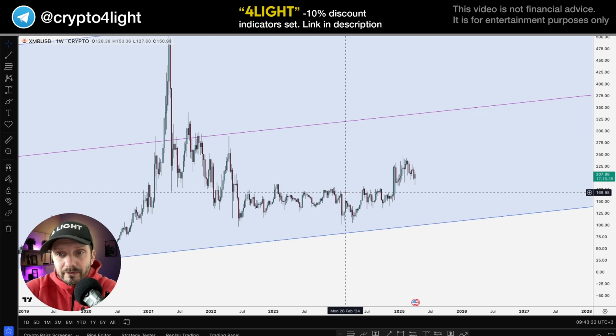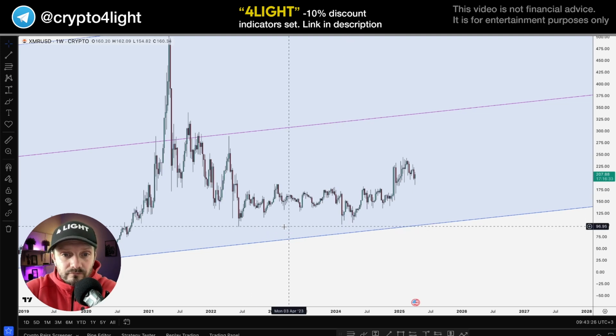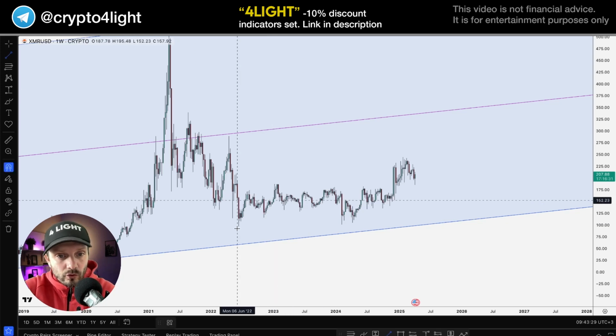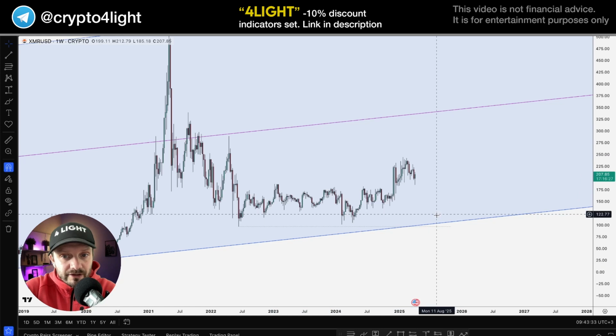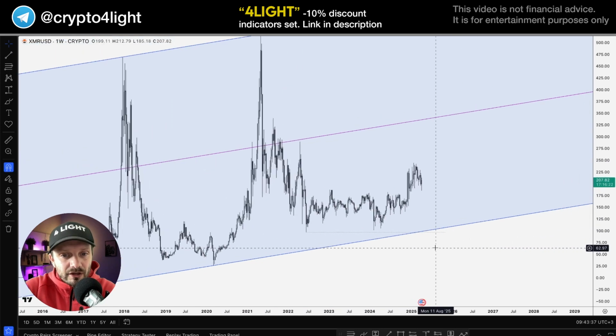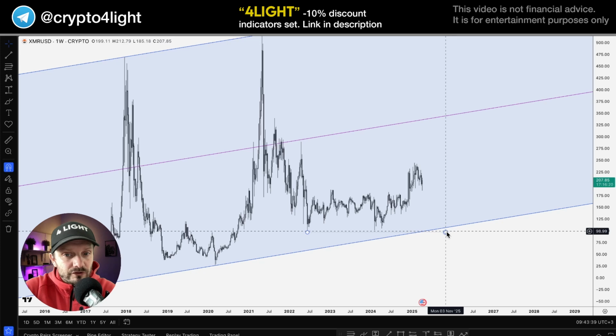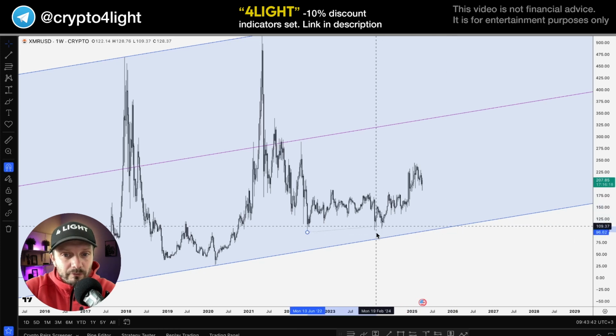So Monero dumped to $101, not grabbing this low of June 22. So in theory, yes, we can drop again to this level, like 97, but I'm not sure we'll drop now. So just in case. Technically, yes, form the actual lows.